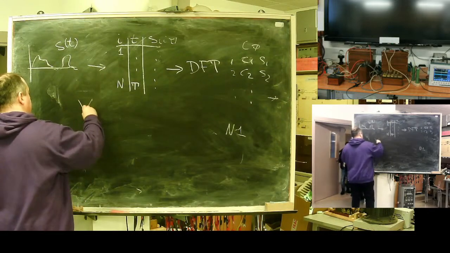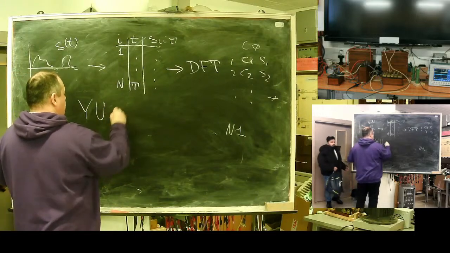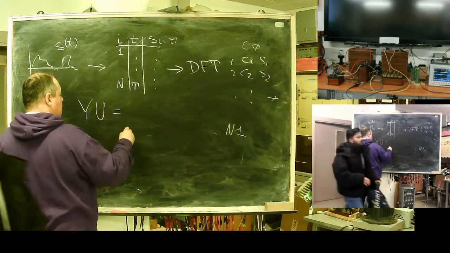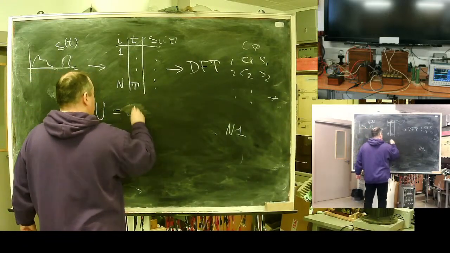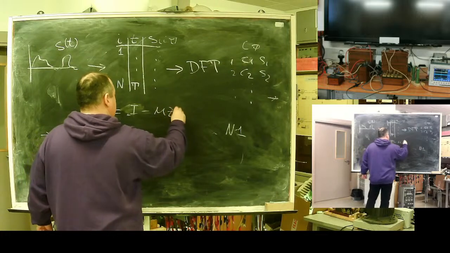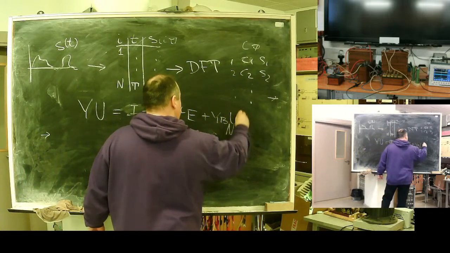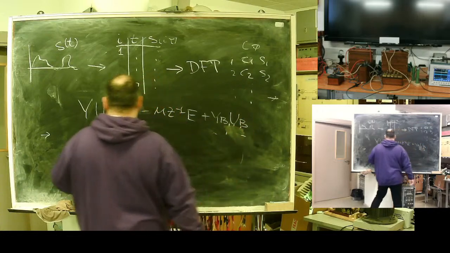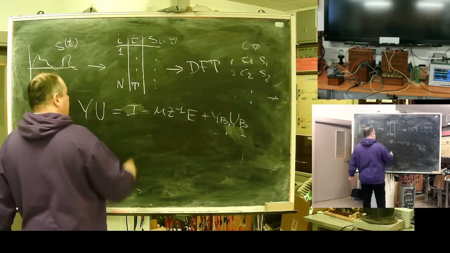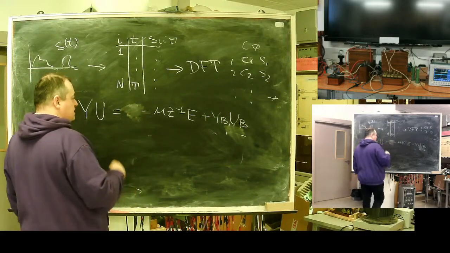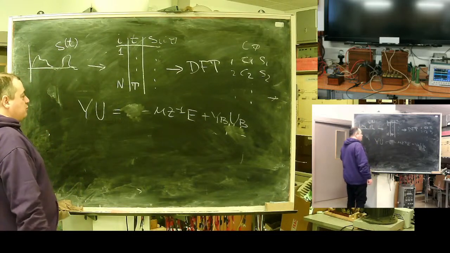So I need to solve a nodal voltage equation. This is my general form of the nodal voltage equation. I will not use current sources, and I will do the trick.